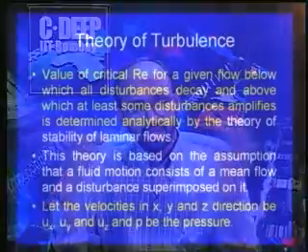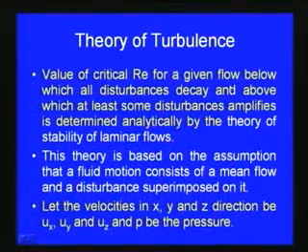As we have seen in the Reynolds experiments, once the flow reaches a critical Reynolds number, transition takes place and laminar flow becomes turbulent. The value of the critical Reynolds number for a given flow, below which disturbances decay and above which at least some disturbances amplify, is determined analytically by the theory of stability of laminar flows.